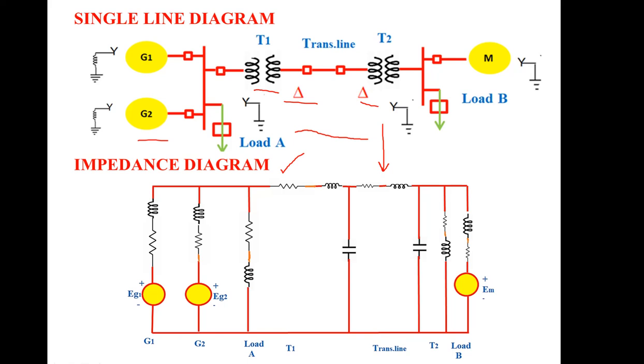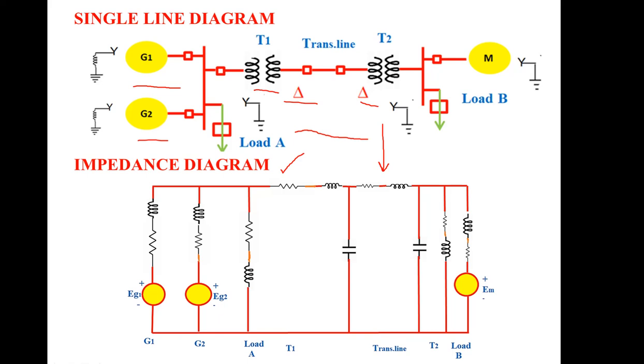The impedance connected between the generator neutral and ground is neglected, and the magnetizing current is very low. If the inductive reactance is very high compared to the resistance, then the resistance can be omitted. These are the points to follow to draw the impedance diagram from the single line diagram.